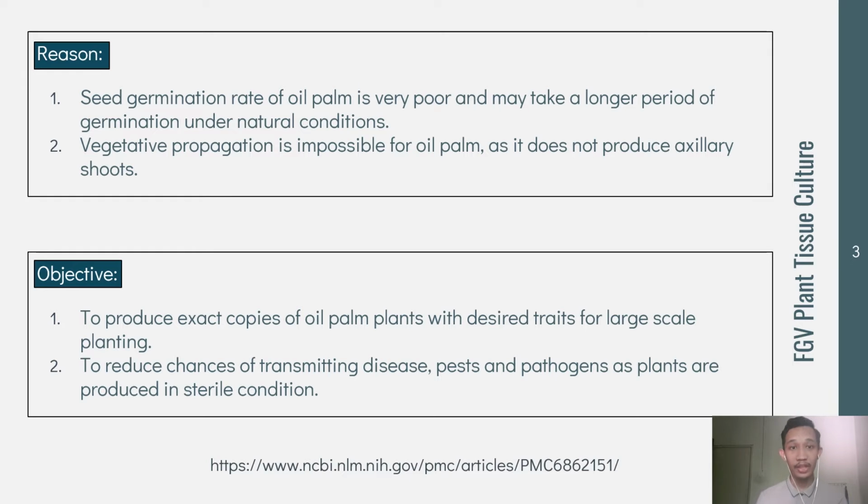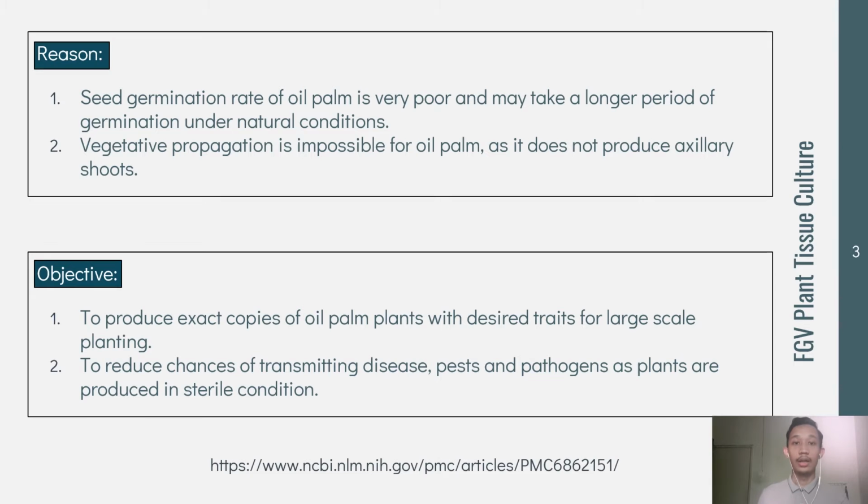The second principle of biochemistry used in FGV is plant tissue culture. First, I want to present the reason why it is used and its objective. Reason number 1, seed germination rate of oil palm is very poor and takes a longer period of germination under natural conditions.